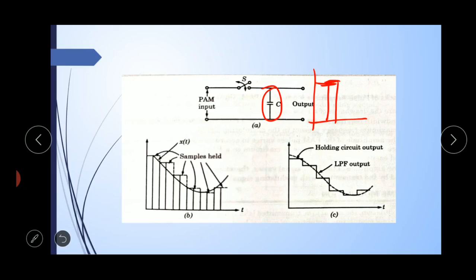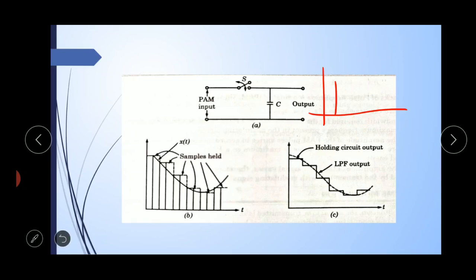So the capacitor is charged to the pulse amplitude value and it holds this value during the interval between the two pulses. Here is one pulse, then another pulse. During the interval between these pulses, the capacitor holds the charge.